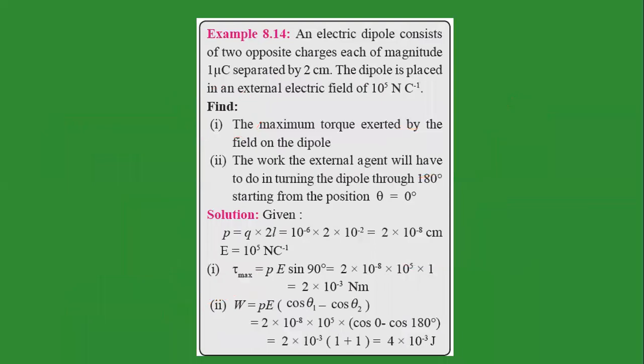Now we see one problem based on this article, so the concept is more clear. An electric dipole consists of two opposite charges, each of magnitude 1 microcoulomb. One is plus 1 microcoulomb and the second is minus 1 microcoulomb, separated by 2 centimeter.